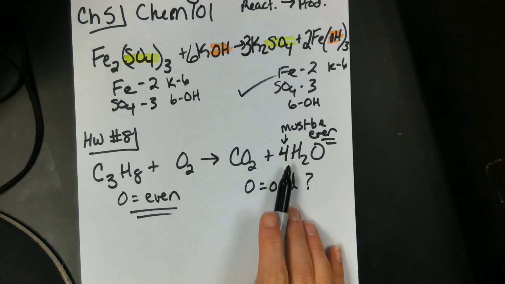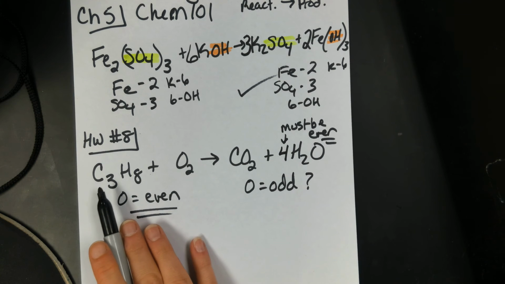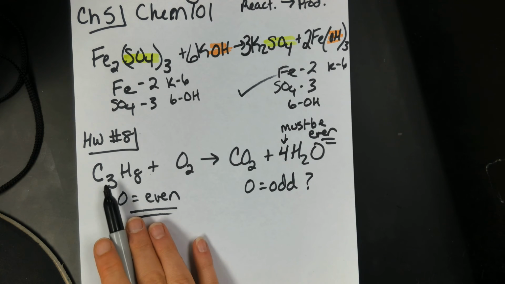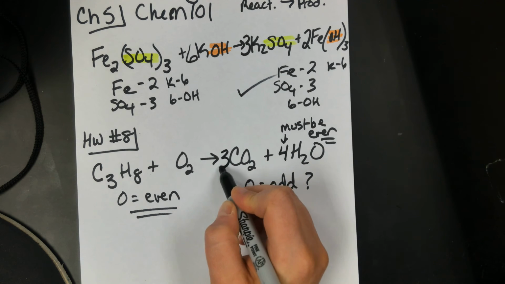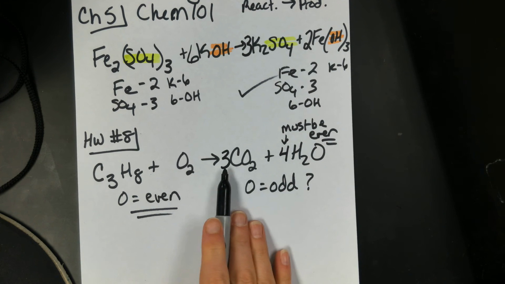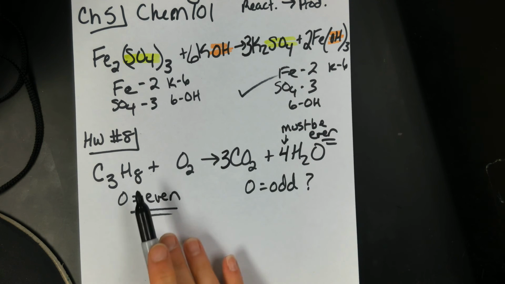So let's keep going and see if this 4 is going to hold up. What else do we have going on? I know that the carbons have 3 on this side, so there are going to have to be at least a 3 here, right? So now my carbons are satisfied and my hydrogens are satisfied. Let's check on oxygen.